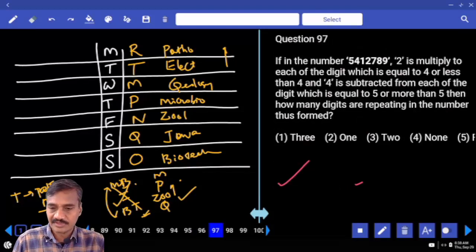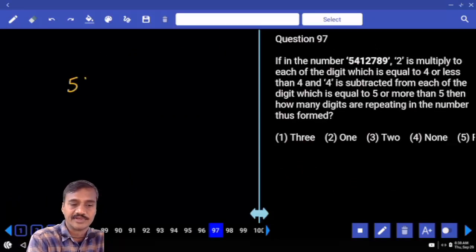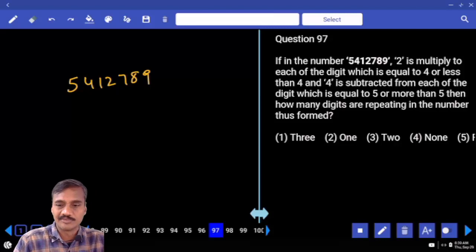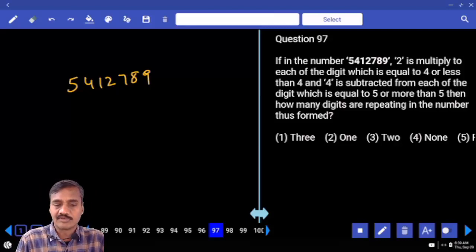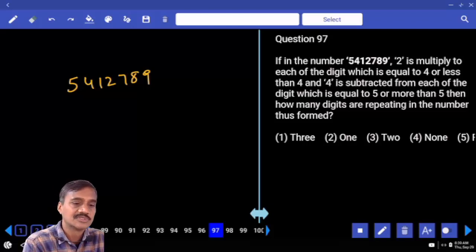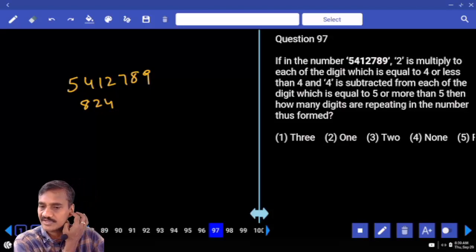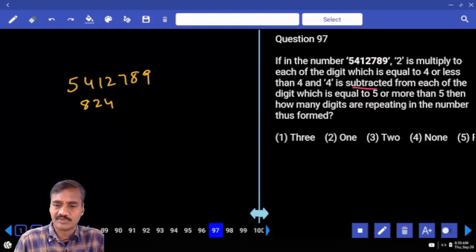Then 97. Now what is the number given here? 5412789. 5412789 is the number. Now if 2 is multiplied to each digit which is equal to 4 or lesser than 4, this is 8, this is 2, this is 4. And next one, 4 is subtracted from each digit which is equal to 5 or more than 5.